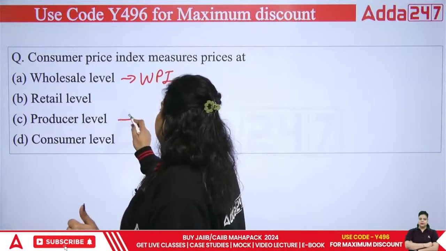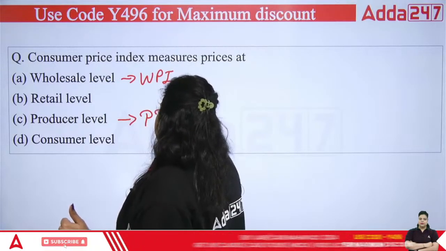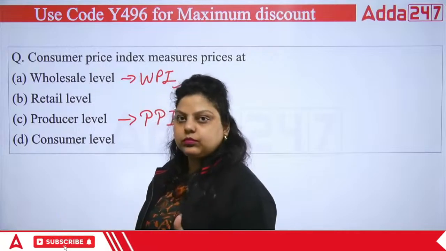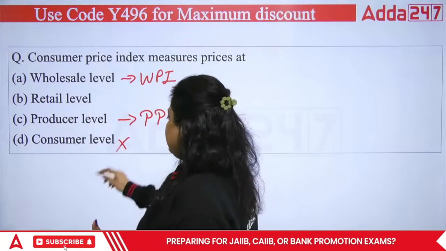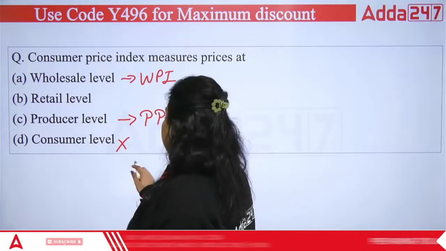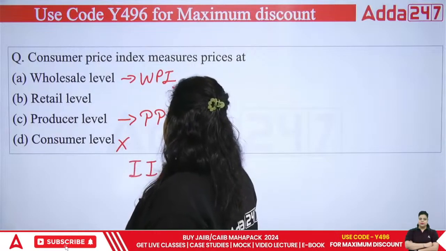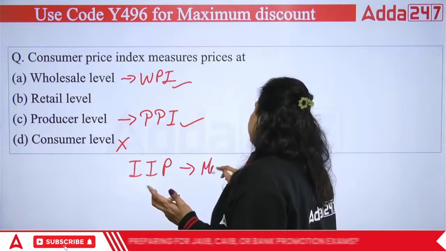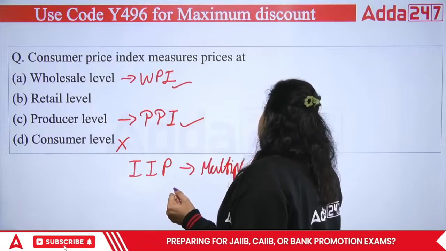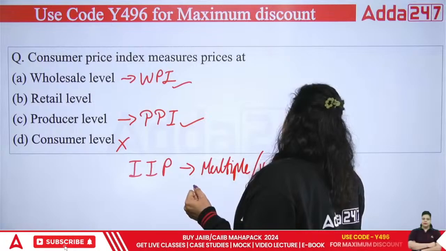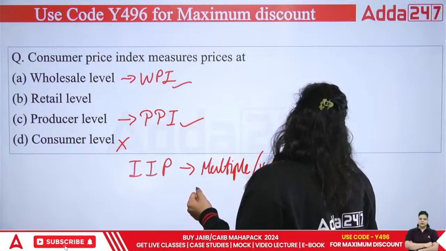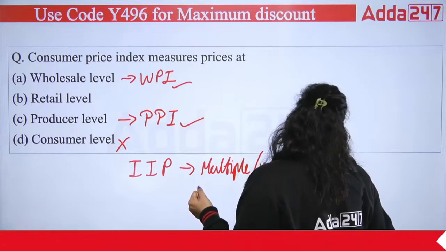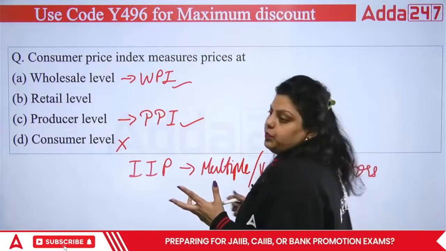Now, the producer price index calculates the producer level inflation. If I talk about the index of industrial production, it calculates inflation in various sectors. It's a volume index.